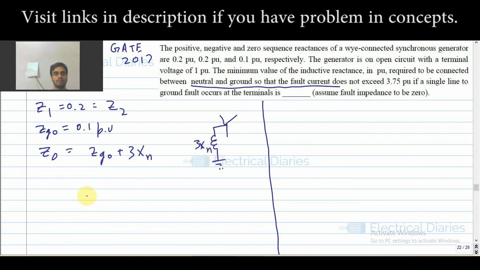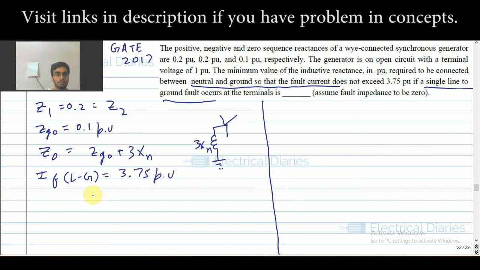Now he is asking that when a fault between neutral and ground, okay, the fault is single line to ground, and we have to take care. Then what you have to find, the minimum value of the inductive reactance in per unit required to be connected. Okay, and your maximum IF for LG is given to you as, LG fault means single line to ground fault, is given to you as 3.75 per unit.